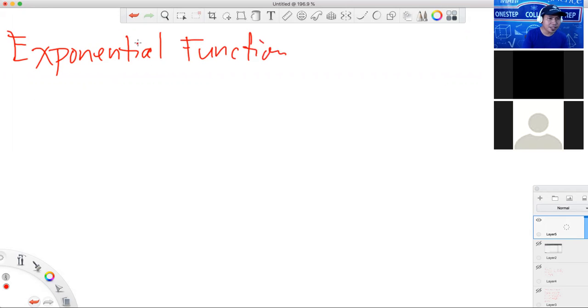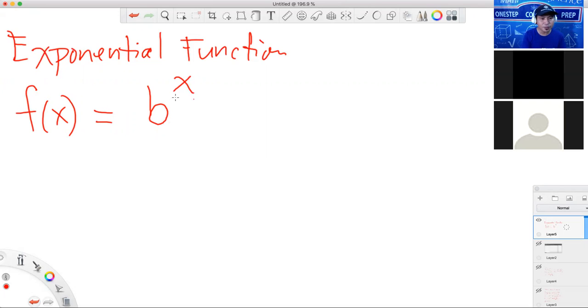So an exponential function has a general format or syntax. By writing f of x is a function of base b to the exponent x, or raised to x.